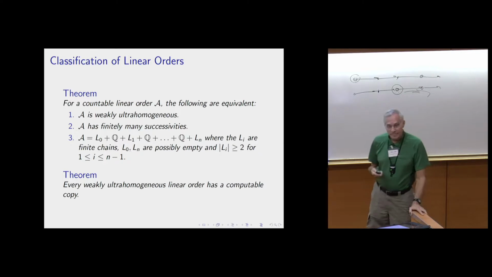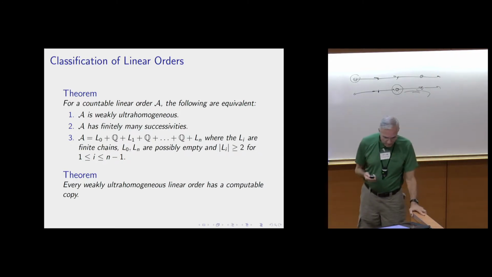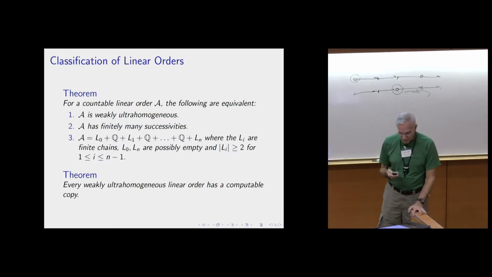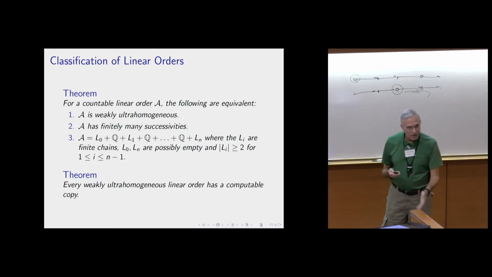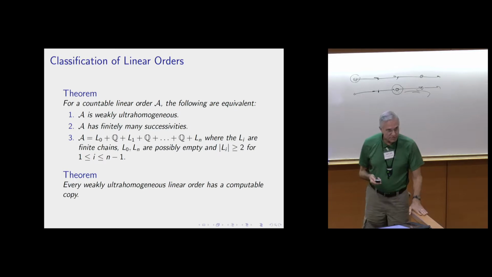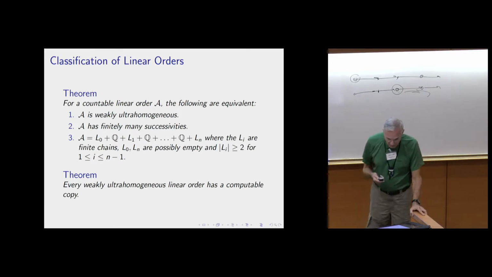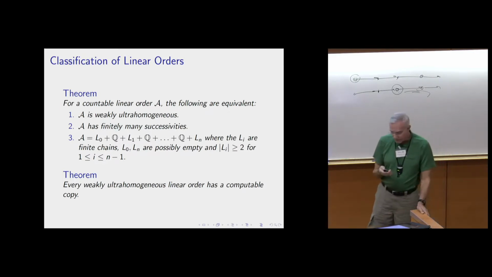If you simply give names to all these finitely many special, exceptional points, then any finite isomorphism can be extended to an automorphism. So each one of these structures, of course, has a computable model, right? Since you have finite sets and then you have copies of the rationals. So every weakly homogeneous linear order has a computable copy.